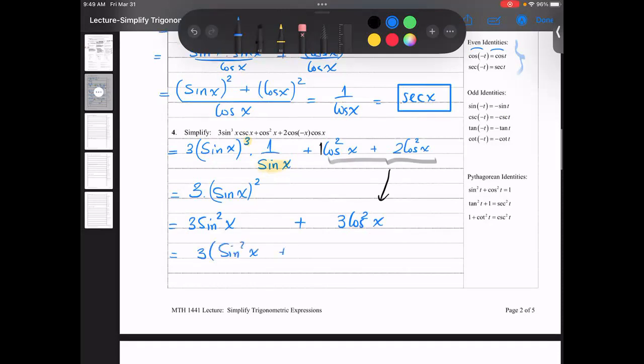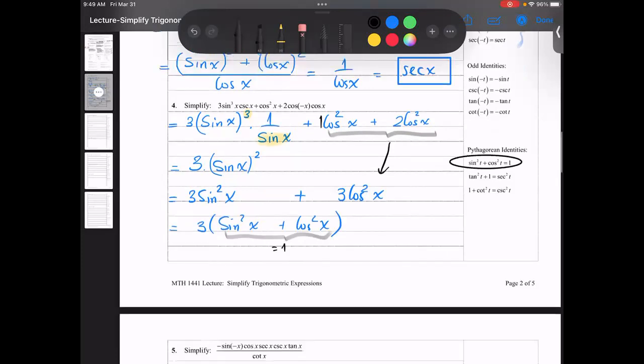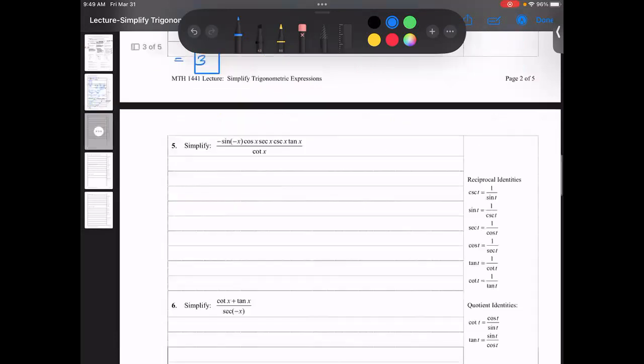So I have sine square x plus cosine square x, which equals 1 because of this. Three times 1 is 3. Number 5, did you try 1?